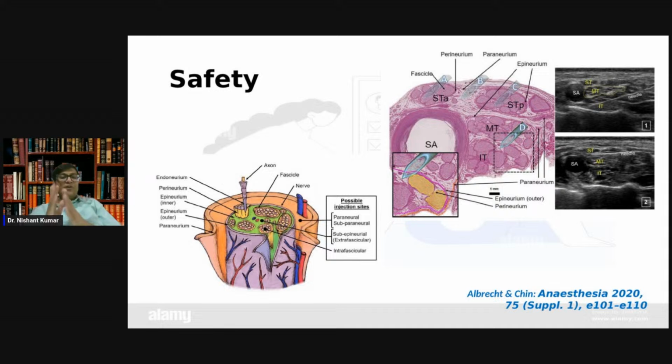But where exactly should your tip lie? Basically, the idea is not to damage the nerve with your needle. So it should be somewhere between the paraneurium and the epineurium. That is exactly where your needle should lie and the LA should be deposited.